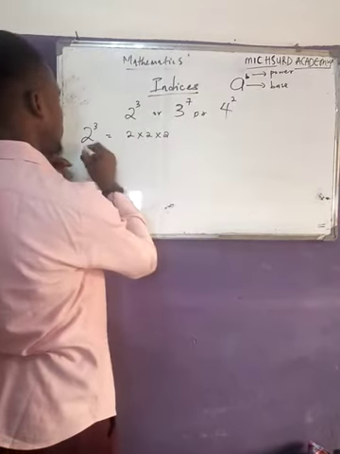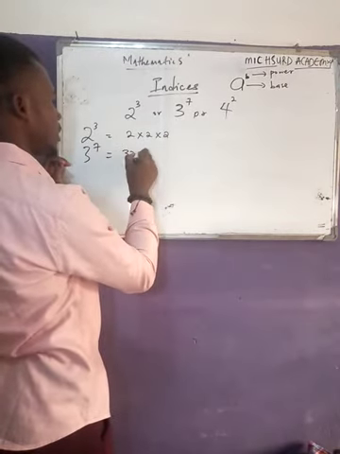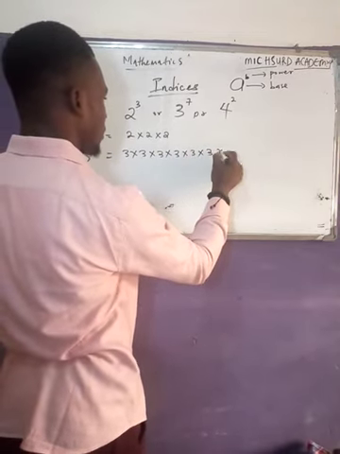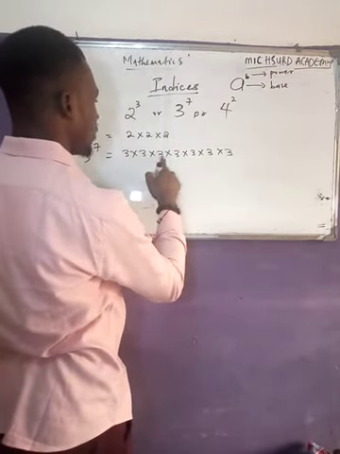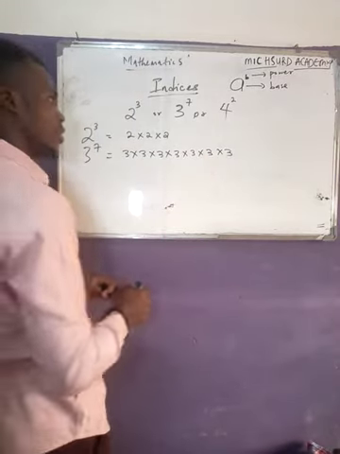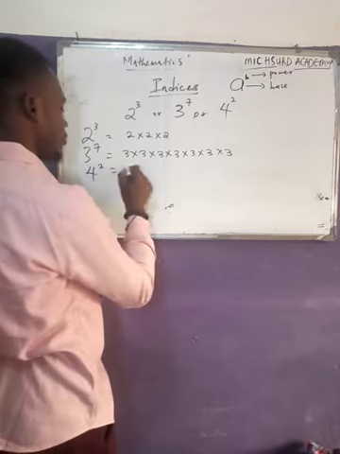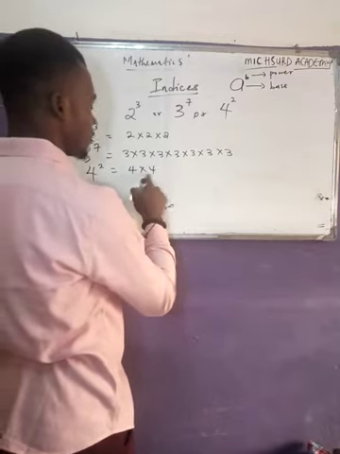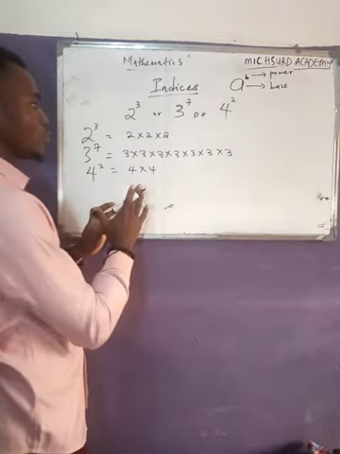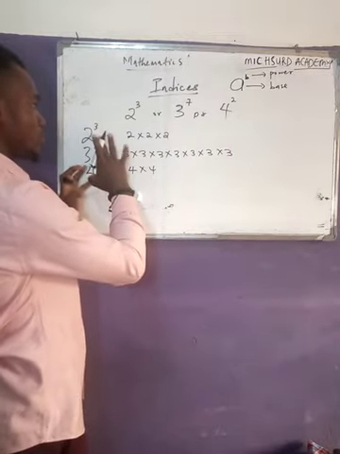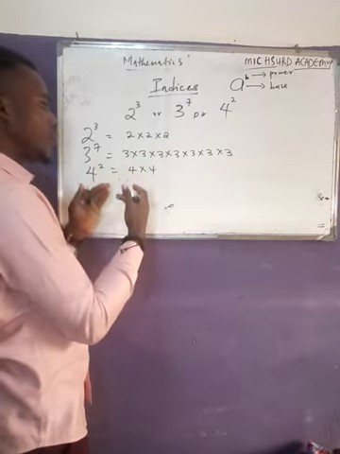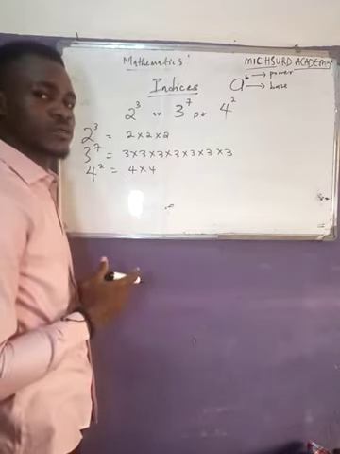If you see 3 raised to power 7, it means 3 times 3 times 3 times 3 times 3 times 3 times 3, 1, 2, 3, 4, 5, 6, 7 places. And 4 raised to power 2 means 4 times 4, in 2 places. So this is what powers entail. It means that we multiply the base based on the number of powers we have there.